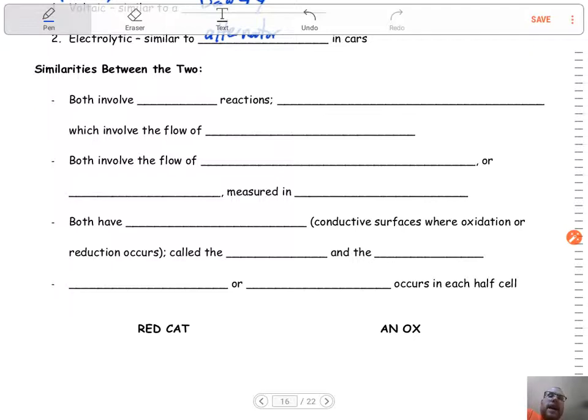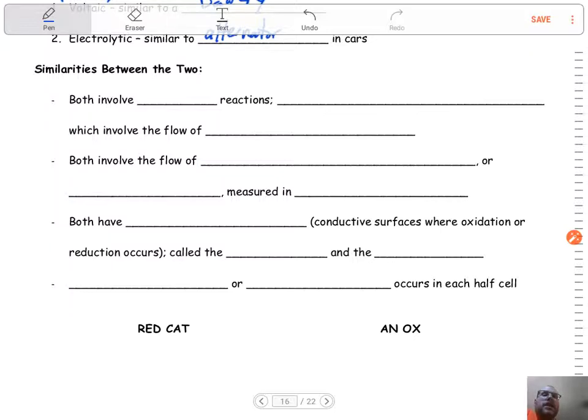You're probably going to have to label one of the types of cells and then answer some questions on it. Redox is a huge unit on the Regents exam. They love to put it because it uses a lot of the foundational pieces that we've talked about throughout the year in a new application, and it has a lot of good information. So make sure you know redox for the Regents. We'll definitely come back and review it more in June.